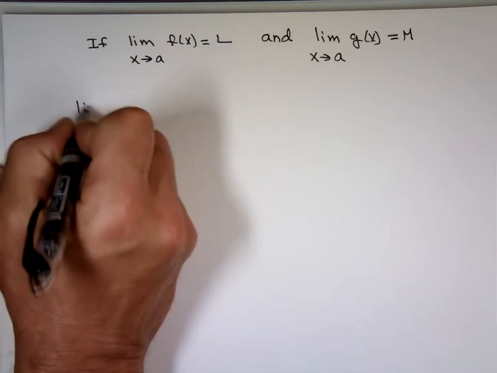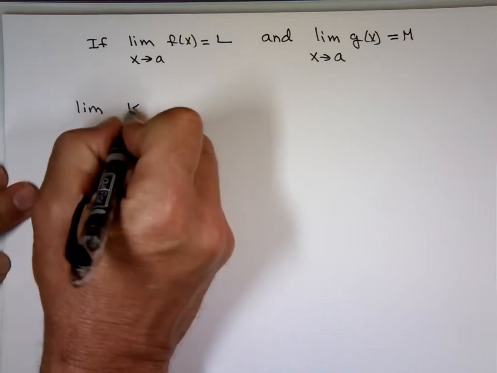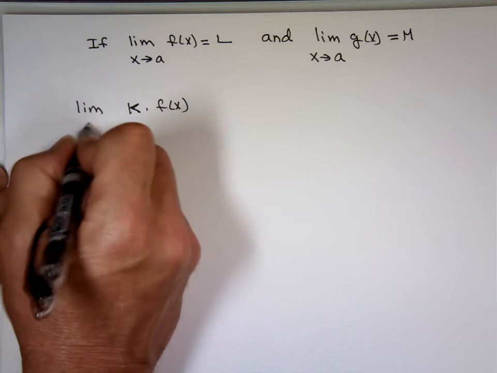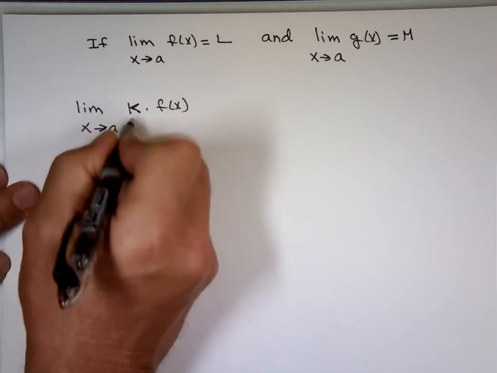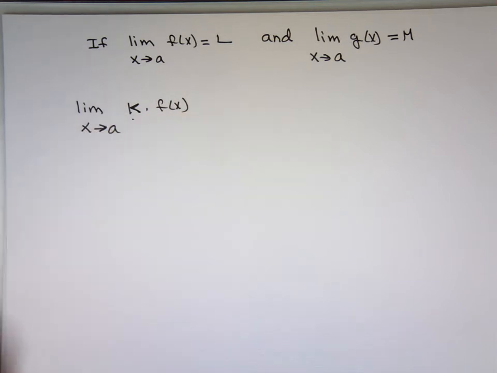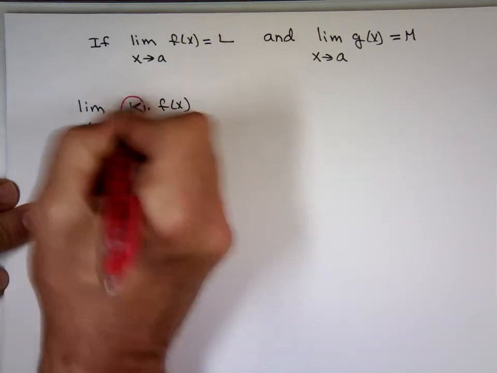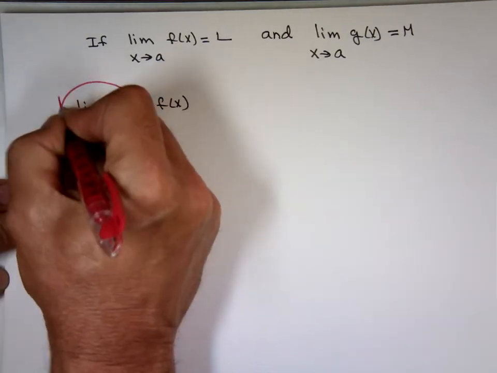What's the limit of some k times f of x as x approaches a? k is a constant. What this one is telling us is if you have a constant times a function, you can take that constant and put it outside.